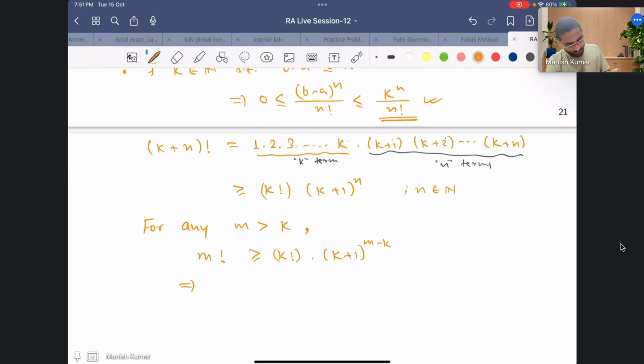For m greater than k, if I look at k raised to the power m by factorial m, then I can bound this by, just a second.